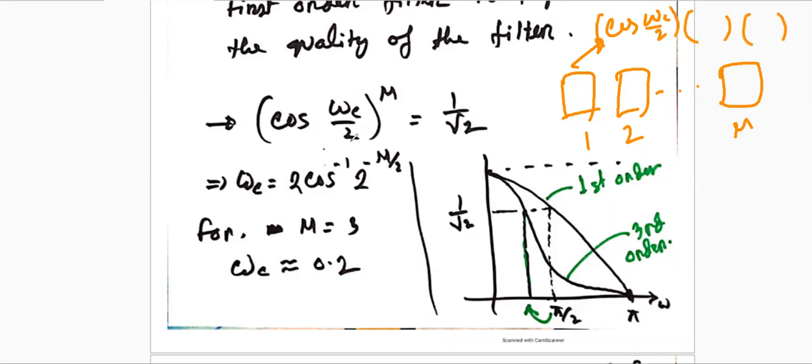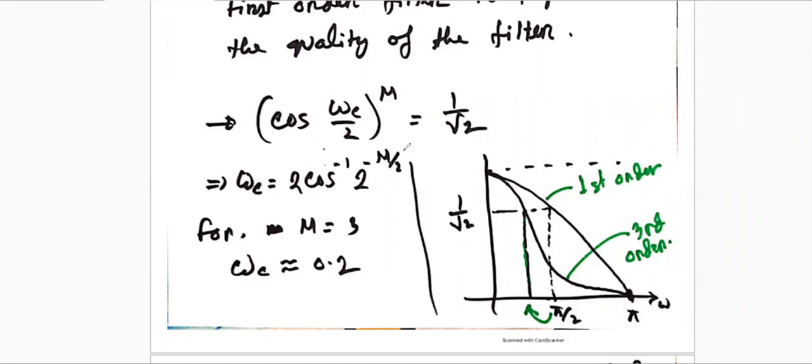So cos(omega c by 2) to the power m is equal to, what should be the amplitude at that cutoff? Of course, 1 divided by root 2, because it remains constant. From there, just do the calculation. You will find the cutoff frequency now depends on the value of m. That means it depends on how many filters you are cascading.